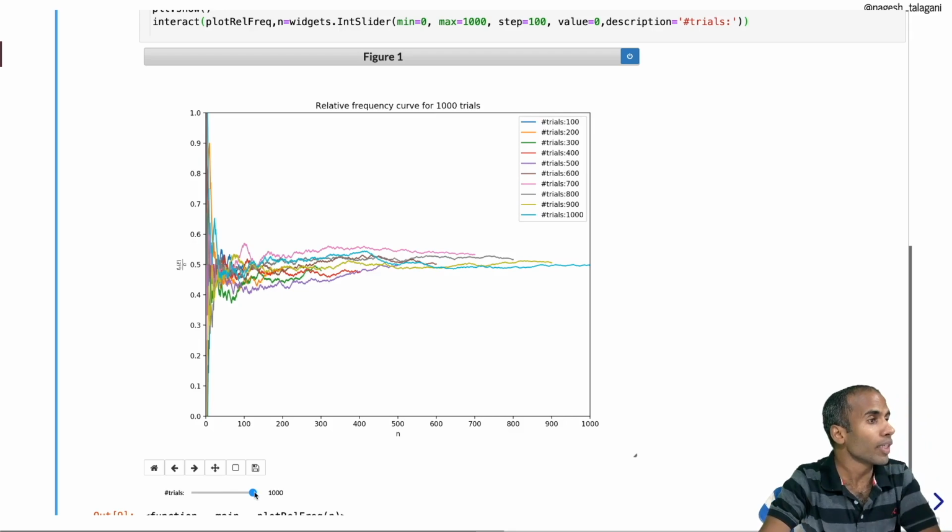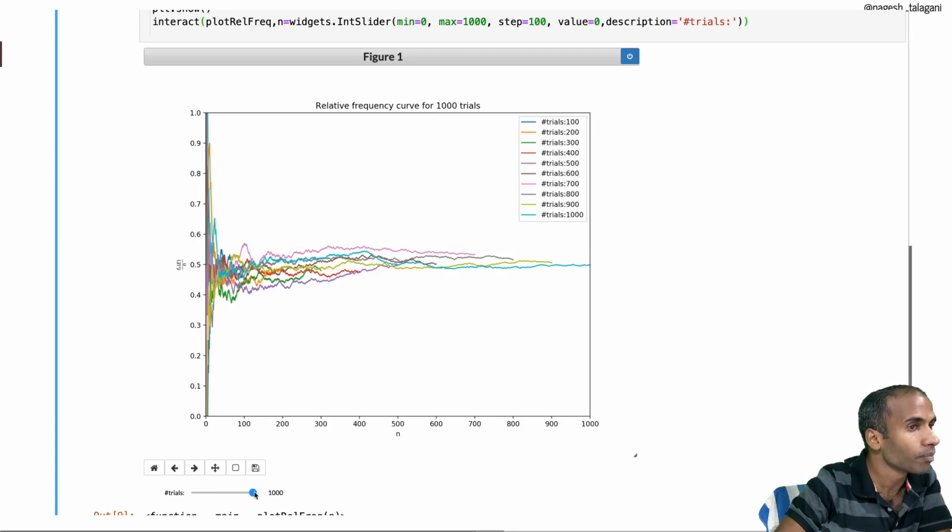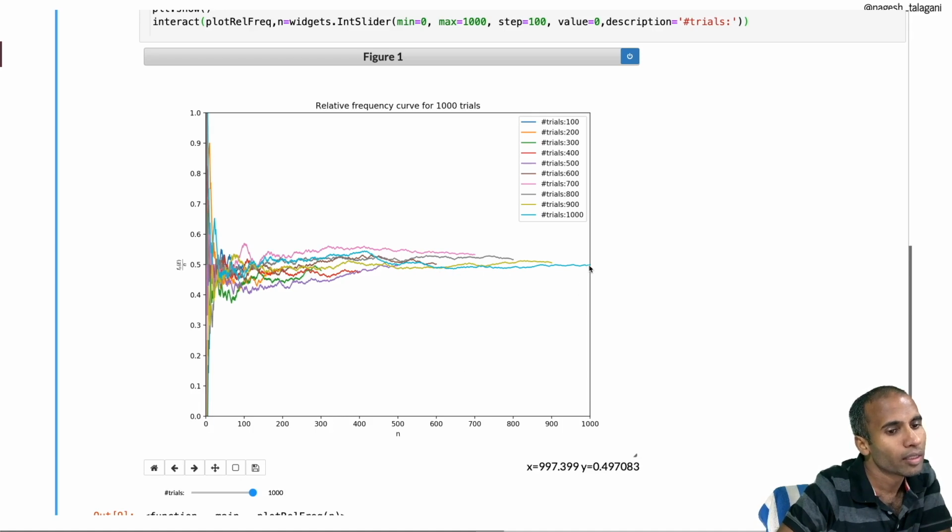As you see, initially there is a lot of fluctuation, but as the number of trials increases, the curve seems to stabilize.